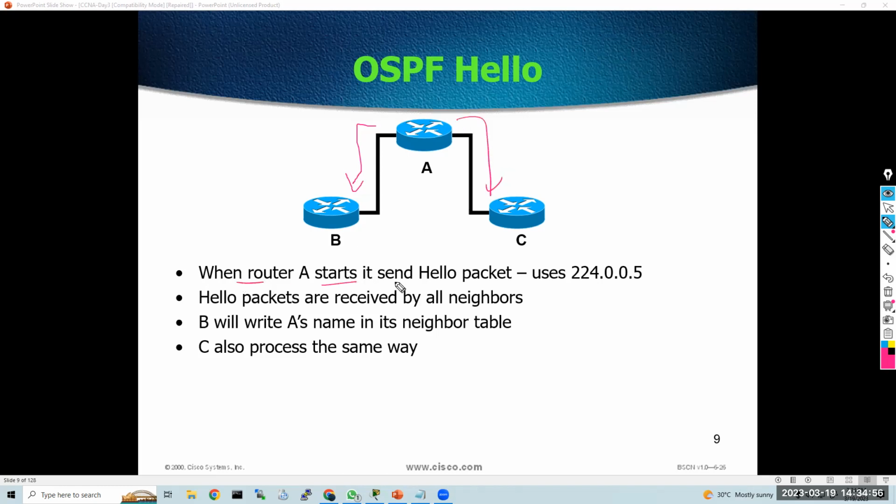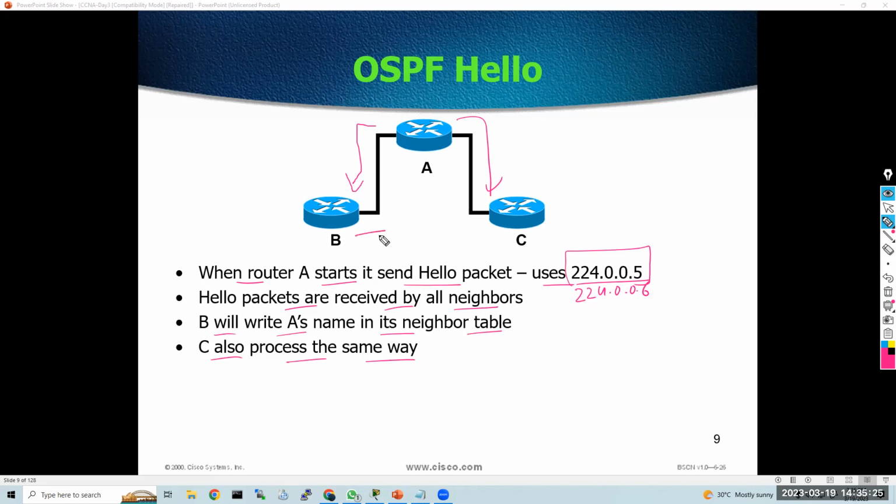When router A sends, it sends the hello packet using, remember guys, a multicast IP 224.0.0.5. There's one more we are using, that is 224.0.0.6. These are 2 multicast IPs used in OSPF. Remember guys. Hello packets are received by all the neighbors. B will write A in its neighbor table. C also processes the same way.